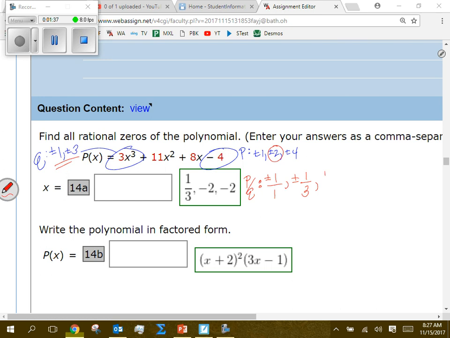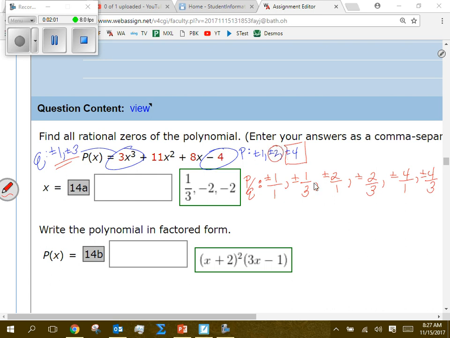So I get plus or minus 2 over 1 and plus or minus 2 over 3. Then I'll take the last one, the 4, and write that over my Q's. So plus or minus 4 over 1 and plus or minus 4 over 3.